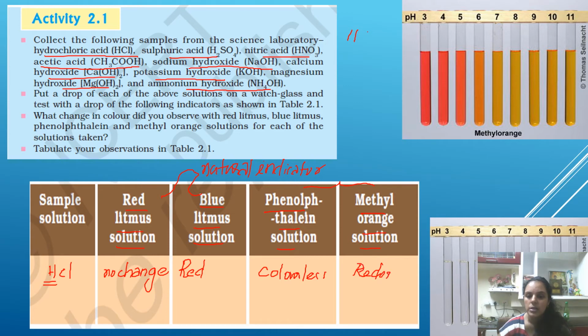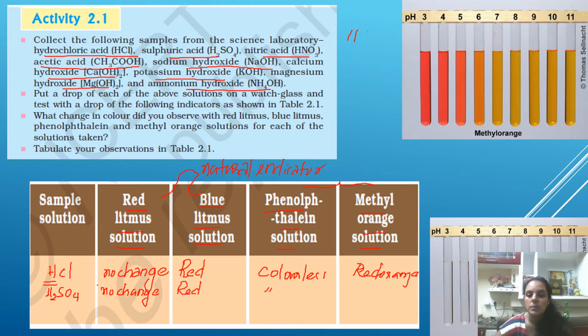Okay, red orange color. Now we are taking the sample as sulfuric acid, that is H2SO4. Since it is an acid, for the red litmus solution there is no change. And for the blue litmus solution, since this is also an acid, blue color changes to red. Phenolphthalein, there is no change in its color.